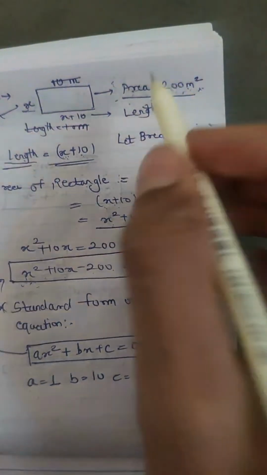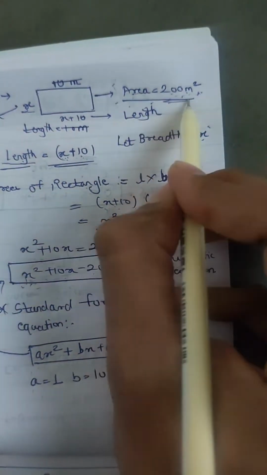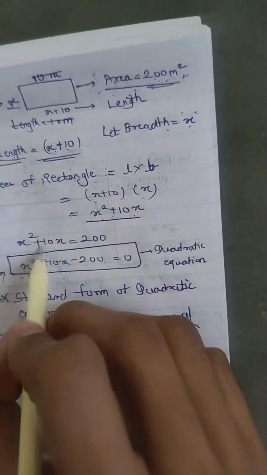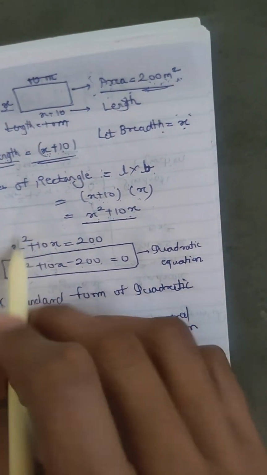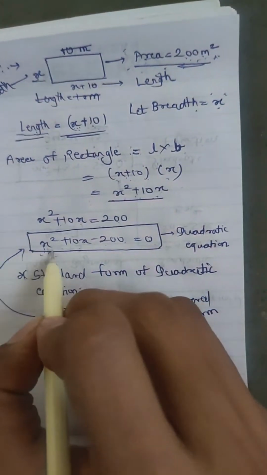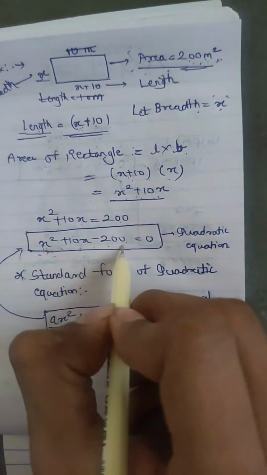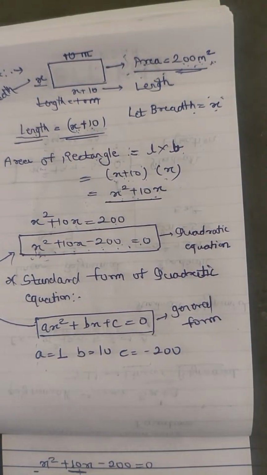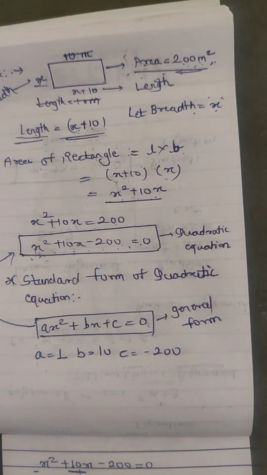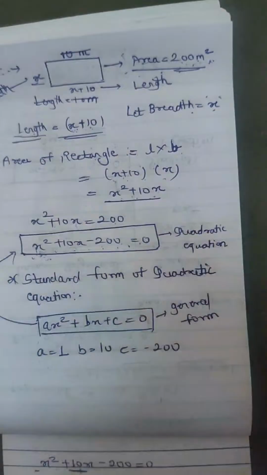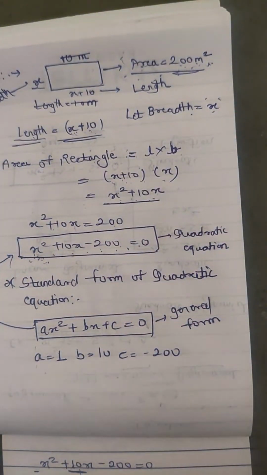The total area mentioned in the question is 200 meter square. So now we equate x square plus 10x to 200 to get the quadratic equation, x square plus 10x minus 200 equals 0.